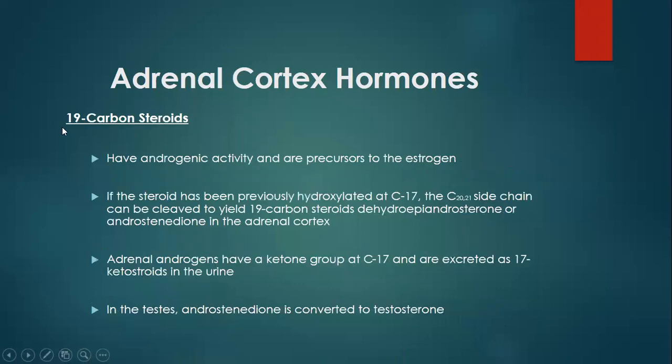Now, at the 19 carbon series, these 19 carbon steroids have androgenic activity and are precursors to the estrogens. If the steroid has been previously hydroxylated at C17, the C21 side chain can be cleaved to yield the 19 carbon steroids, namely dehydroepiandrosterone or androstenedione in the adrenal cortex.